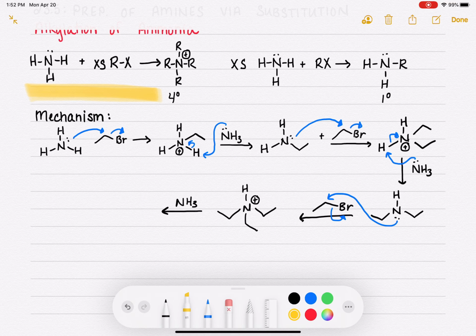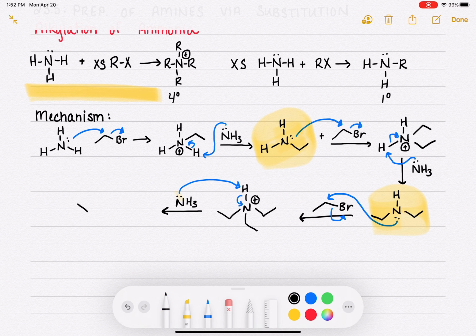By that I mean, so maybe something in this stage could be doing the deprotonation, or something in this stage could be doing the deprotonation. Anything could be doing it. Anything with a lone pair can be doing it. Grab that last hydrogen.